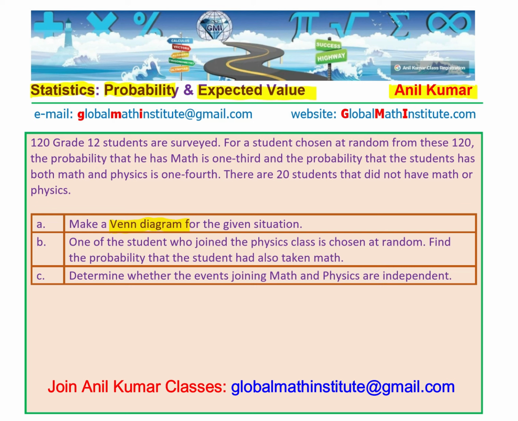And C: determine whether the events joining math and physics are independent. So we have a conditional probability and we also are testing for dependent or independent. Makes sense. A complete question in itself, examination style, which you normally see in IB test papers.